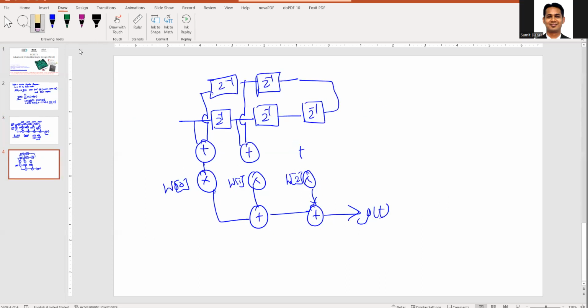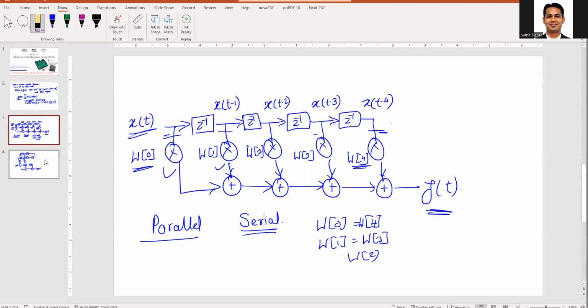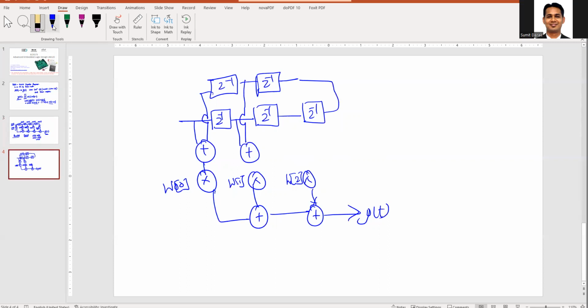So I can remove this adder. Okay, so I think I have made a mistake here. This was not necessary. Yeah, so I have this here, then output of this will be here, and this is the conventional.